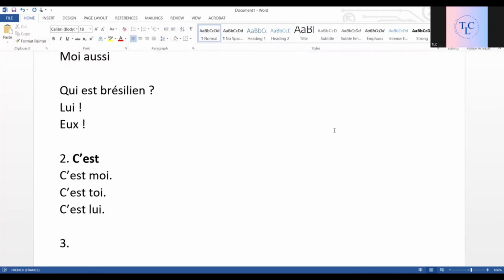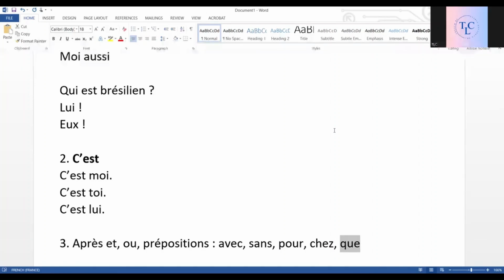Then the third use, that is very important. Après, after, et, that is and, ou, that is or, prepositions, avec, with, sans, without, pour, for, chez, at someone's place. Okay, and also que, that is used for comparison.